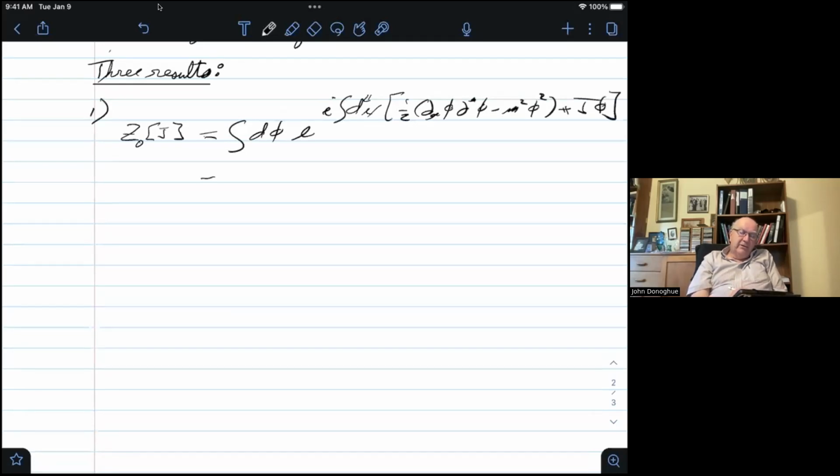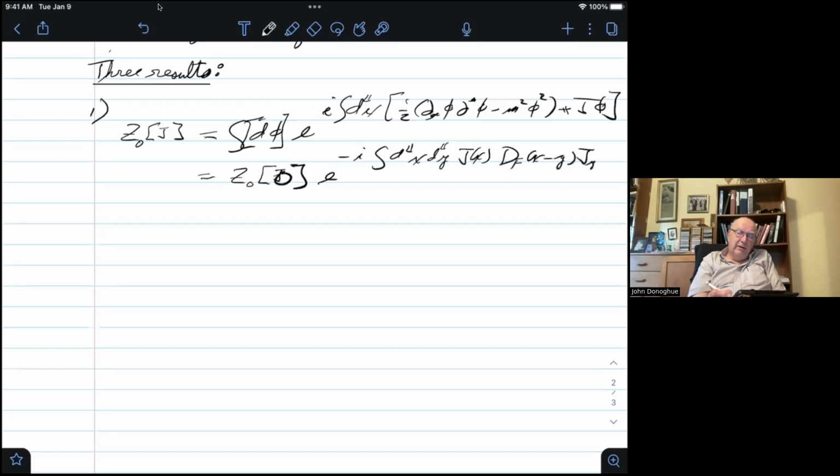It's an easy path integral to do, and it takes some of the mystery out of path integrals because it's just a function. It ends up being some number called Z0 of 0, and then the other piece is e to the minus i integral d4x d4y J at x Delta F of x minus y J of y.